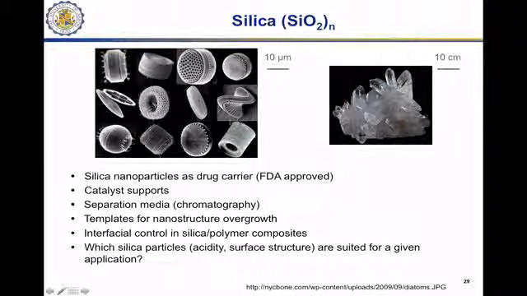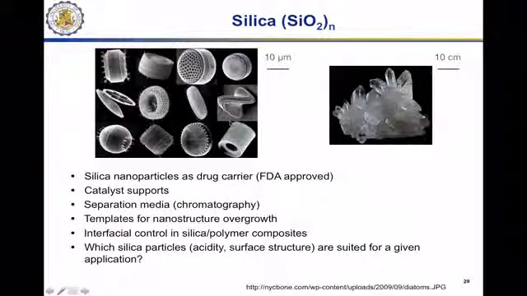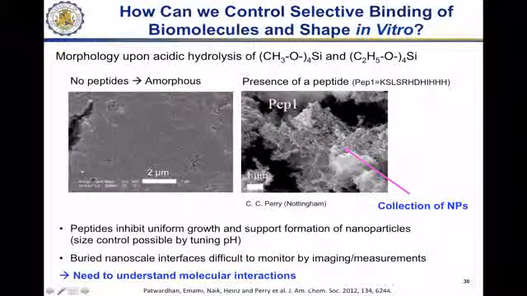So I want to show a few ideas about silica here. It's used very widely for catalyst support, as carrier for drugs, and in separation media. Also, it's interesting to see if we could synthetically make well-organized hierarchical nanostructures, and this is currently still a bit of a challenge.